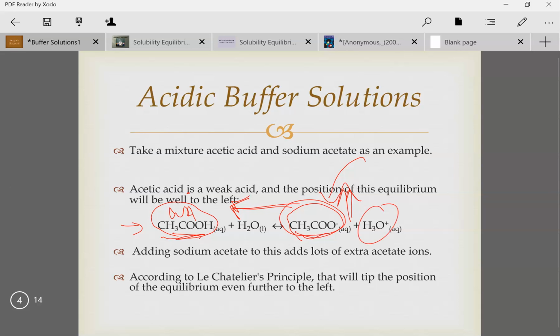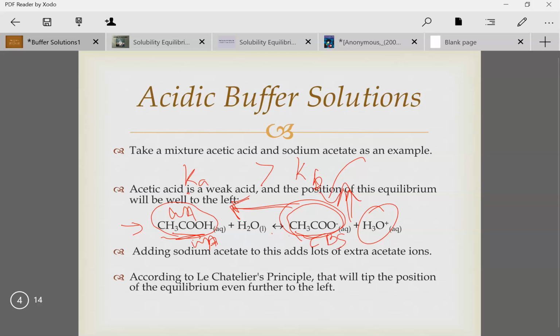There will be a little bit of H3O+ present because, even if they have equal concentrations, the Ka of acetic acid is greater than the Kb of acetate ions, so the acid will dissociate a little more and produce a little bit more H3O+. But it's an acidic buffer because you have a weak acid and its conjugate basic salt.